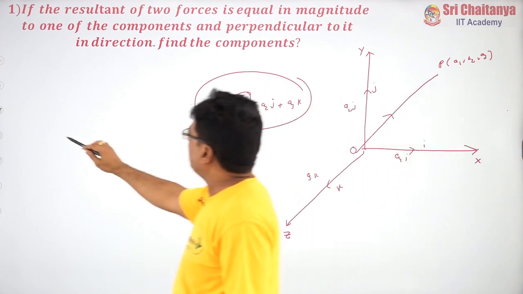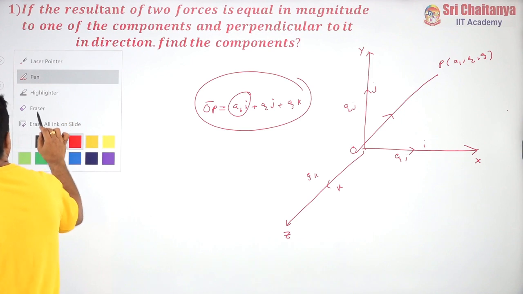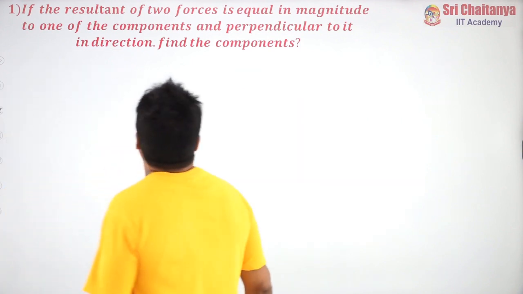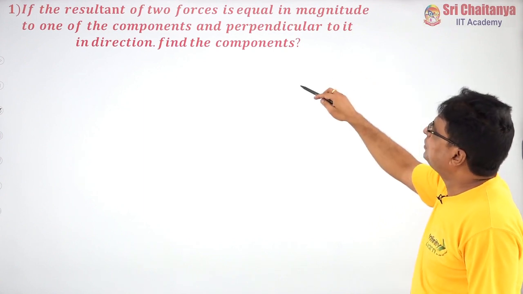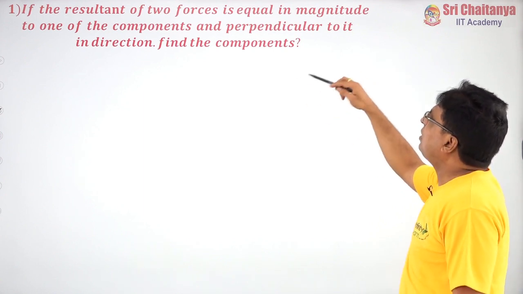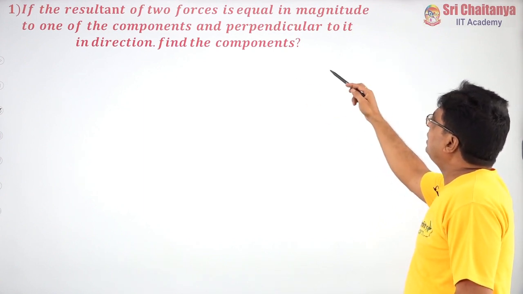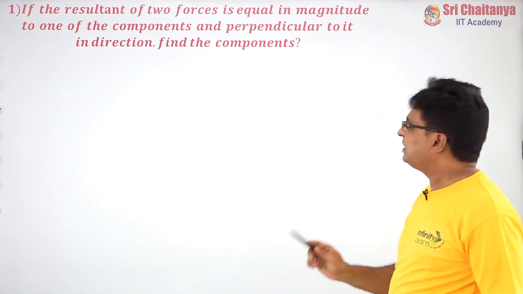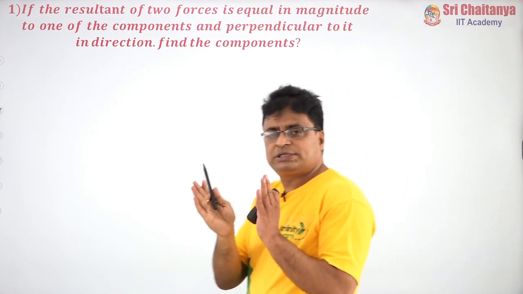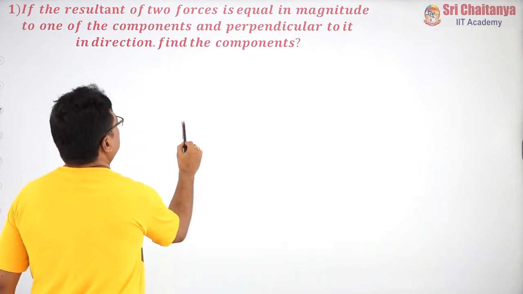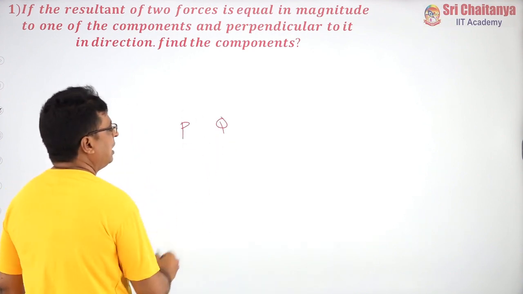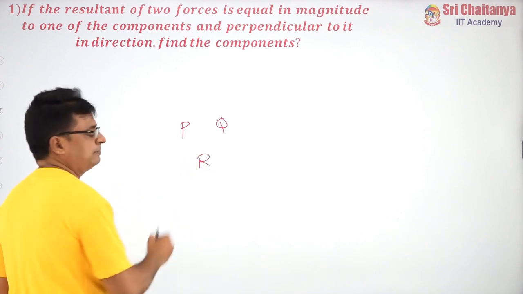Now coming to the question here: if the resultant of two forces is equal in magnitude to one of the components and perpendicular to it, what is given? Suppose two forces are given for you. Let P and Q be two forces and R be their resultant force.